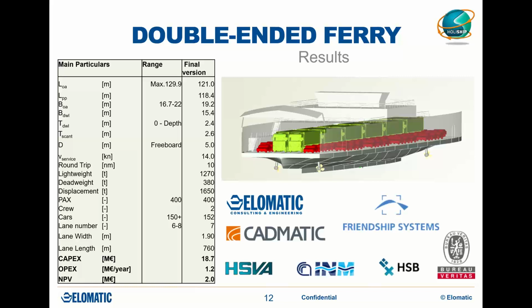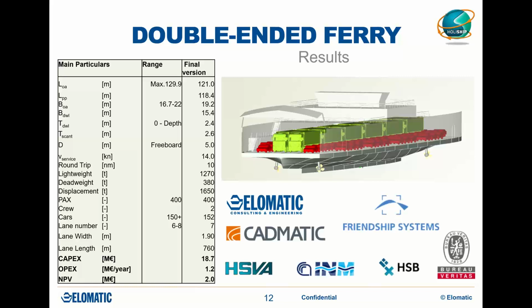As you saw in the CAESES optimization, where we analyzed the response surface model results, we ended up with this final version, whose length overall is 121 meters and breadth overall is 19.2 meters.